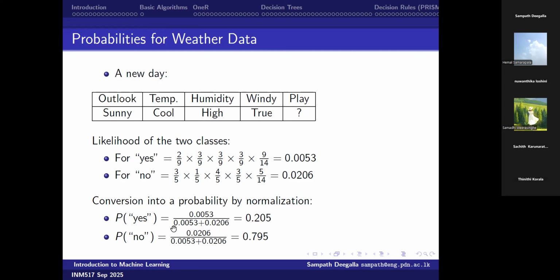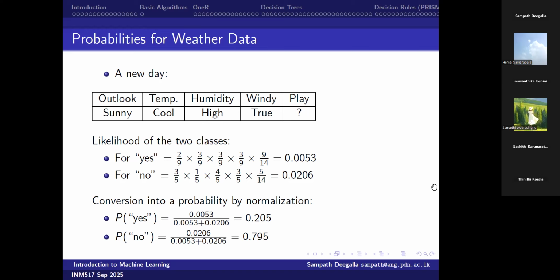So we can say the probability of the class being yes is about 20%, and no is 79.5%. In this way, we can easily compare using probability values. I hope this part is okay.